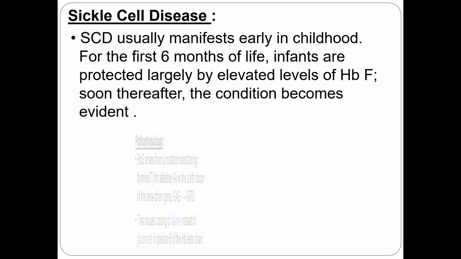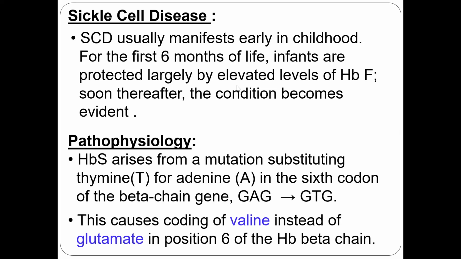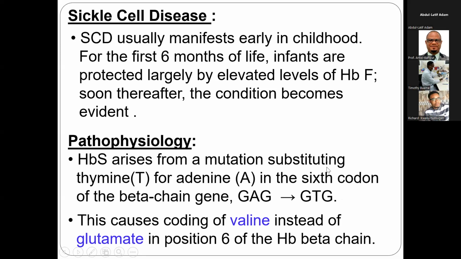So pathophysiology: hemoglobin S is from a mutation due to substitution of thymine for adenine in the sixth codon of the beta chain gene. So GAG now becomes GTG, and just this one change among over 340 million nucleotides causes this condition. It codes for valine instead of glutamate in position 6 of the beta chain.